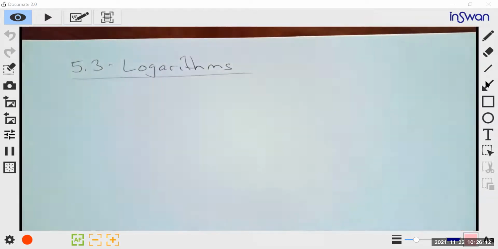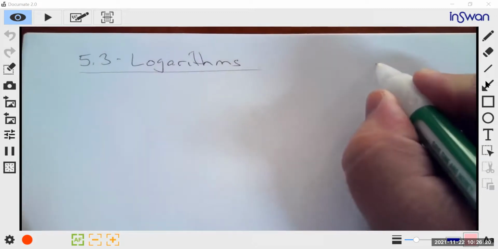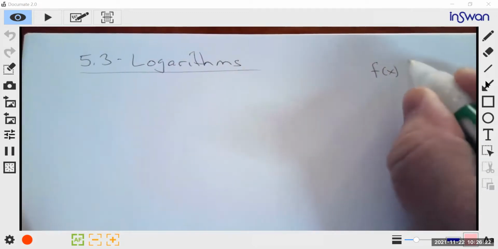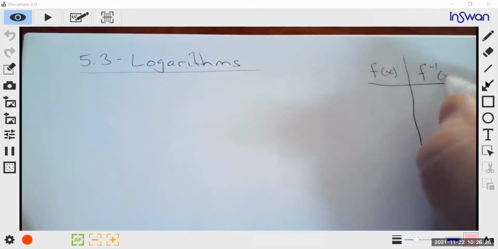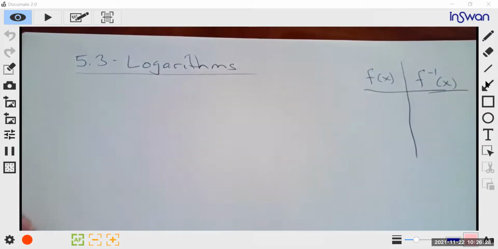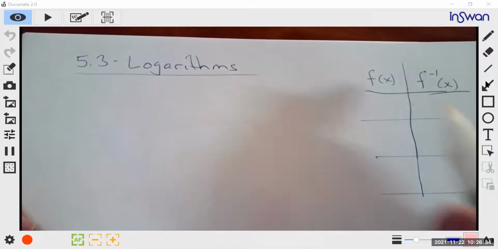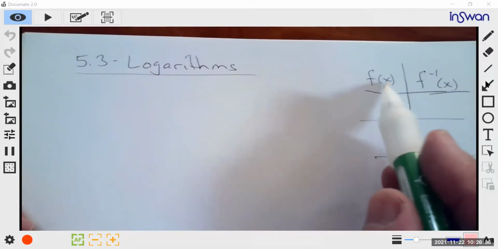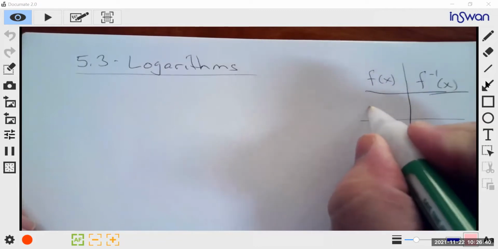Logarithms. Up until now, every one of our functions has always had an inverse. This is a function we deal with. This is from the library of functions, and here's its inverse. So, for example, x squared.